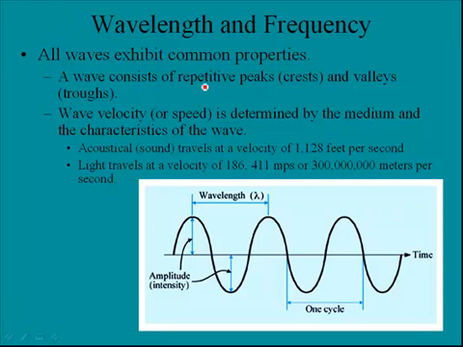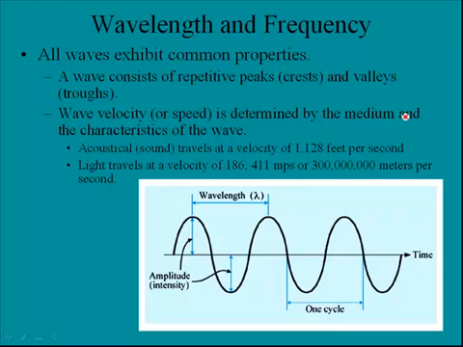A wave consists of repetitive peaks and valleys, and so here we have a wave, and you notice here we have the peaks, and here we have the valleys. Wave velocity, or speed, is determined by the medium and the characteristics of the wave.